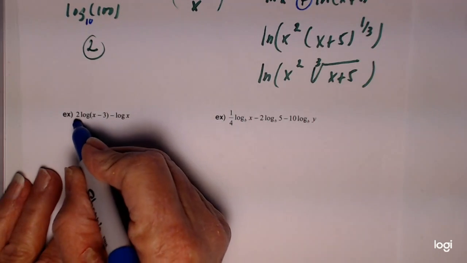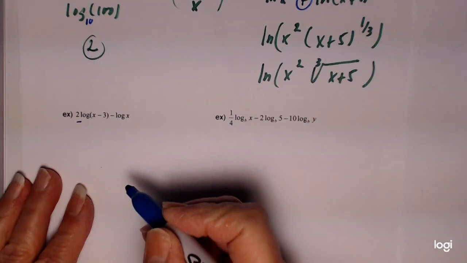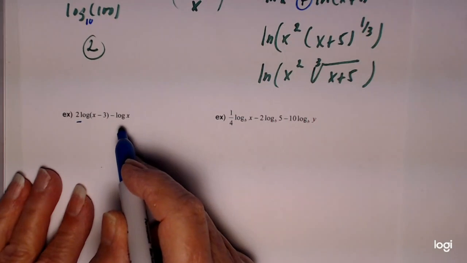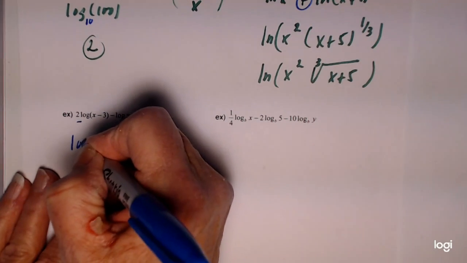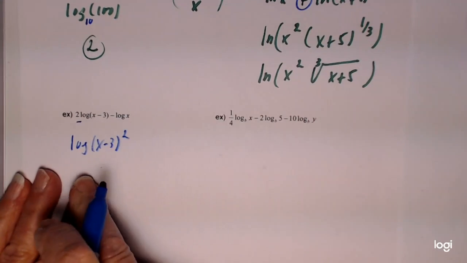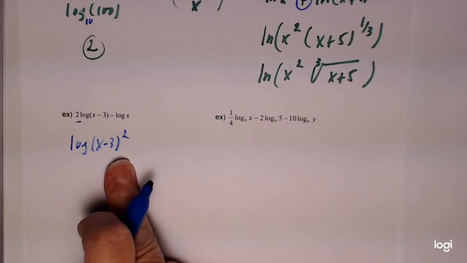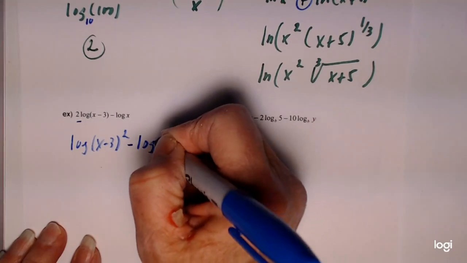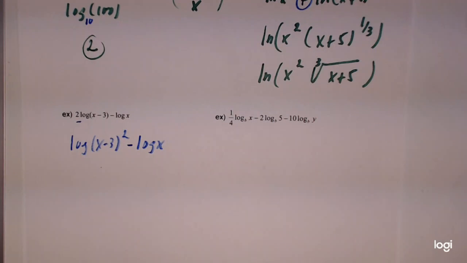So here, this 2 is an exponent, and there's nothing here that we need to take care of. So we have log of (x minus 3) squared, put that 2 back up where it belongs in the exponent, minus log x. So we have that expression now.